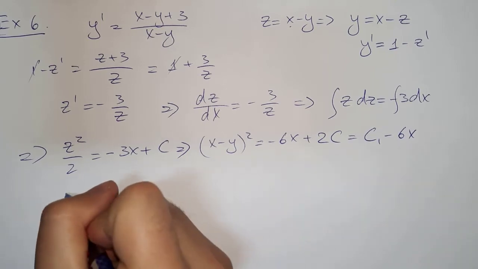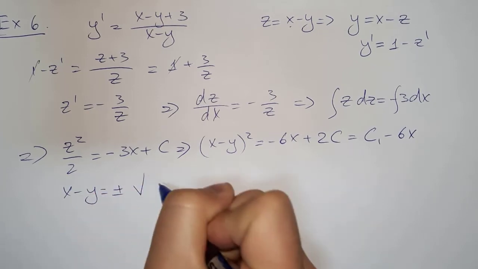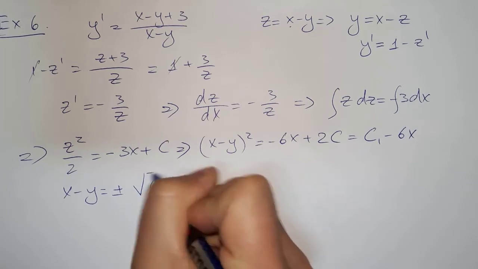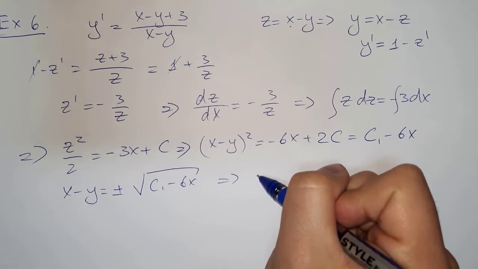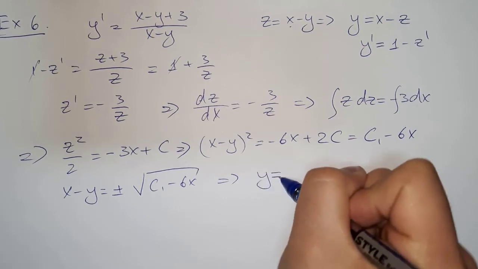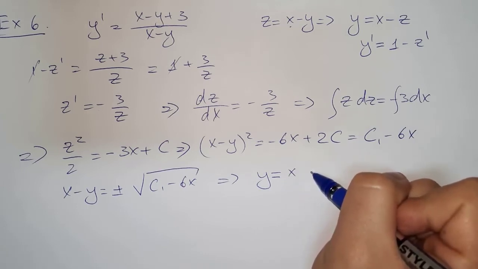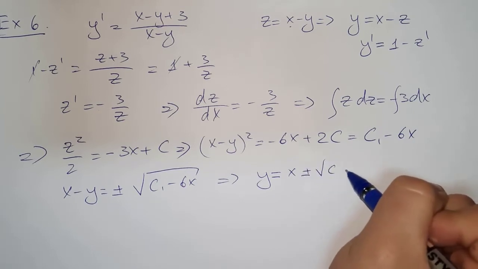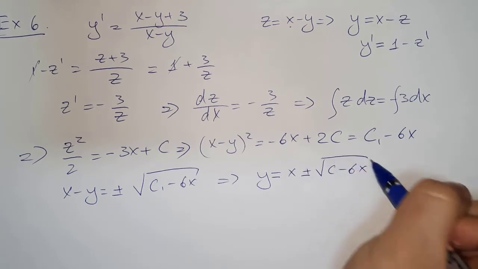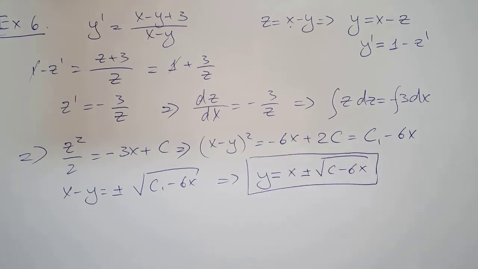Now we can write x minus y as plus or minus the square root of c1 minus 6x, or hence y is x plus or minus, minus or plus, it doesn't matter, the square root of c1 minus 6x. This is the general solution of the given differential equation.